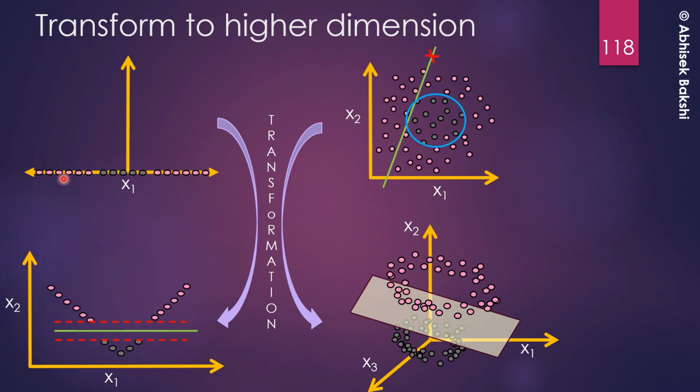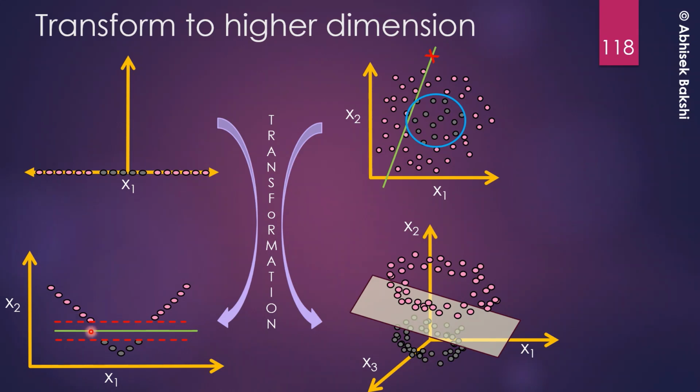Because the square of a negative becomes positive, a value very close to 0 will be somewhere here on this side, and as it goes towards the negative direction or the positive direction, the squared value will be much higher.